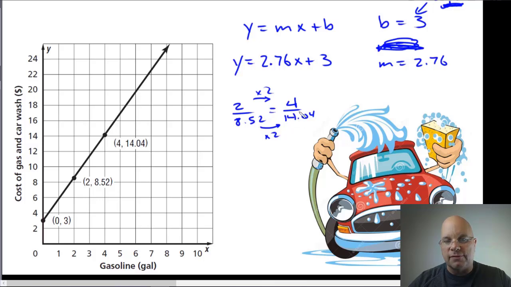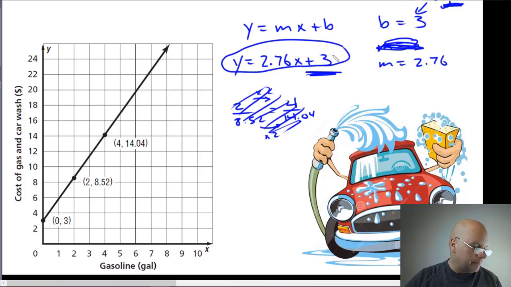No, it's not, because this would have to be $17.04, not $14.04. So you do not have a proportional relationship because the line does not pass through the origin, and because of this constant term. Okay, so this is the equation of the line, and that's the solution for this problem.